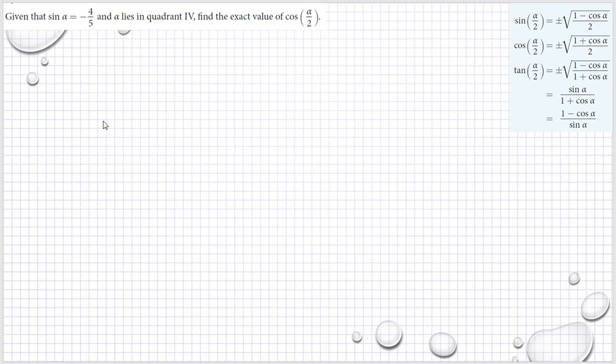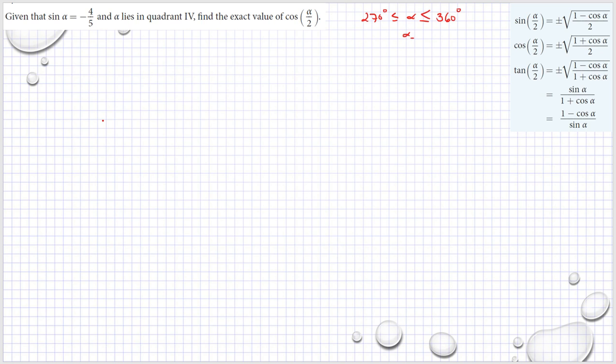Given that sine alpha is equal to negative 4/5 and alpha lies in the fourth quadrant, find the exact value of cosine alpha over 2. The fourth quadrant means 270 degrees to 360 degrees.